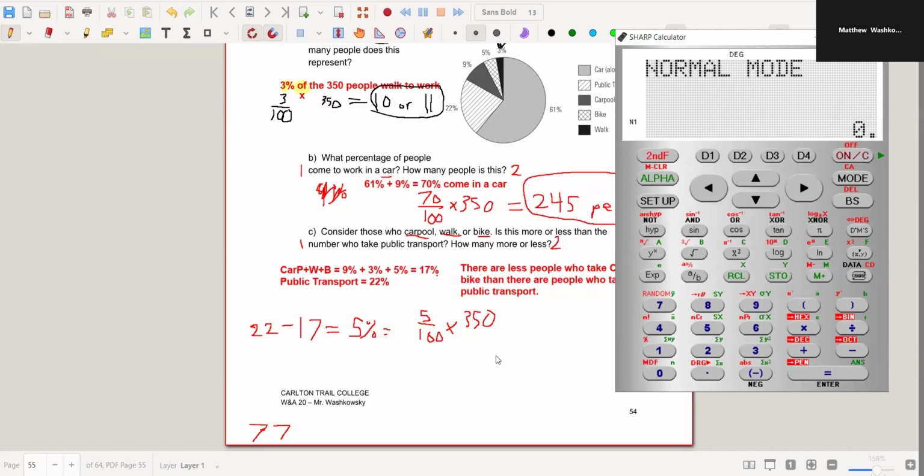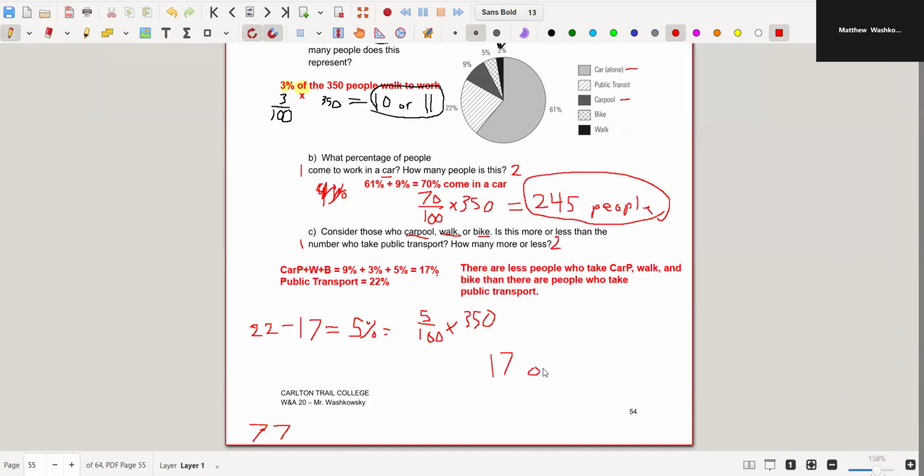So never mind, 17 or 18 works. Honestly, if you were to just give me 17 or 18, I would accept that.